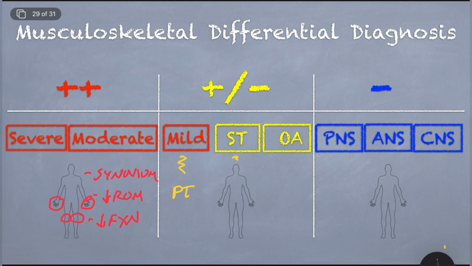And so the phenotypes are going to be rotator cuff tendonitis. Most shoulder pain is rotator cuff tendonitis. You're going to see a lot of trochanteric bursitis, lateral hip pain. Almost all lateral hip pain is tendonitis. You might see anserine bursitis, or this might be where the osteoarthritis is starting.